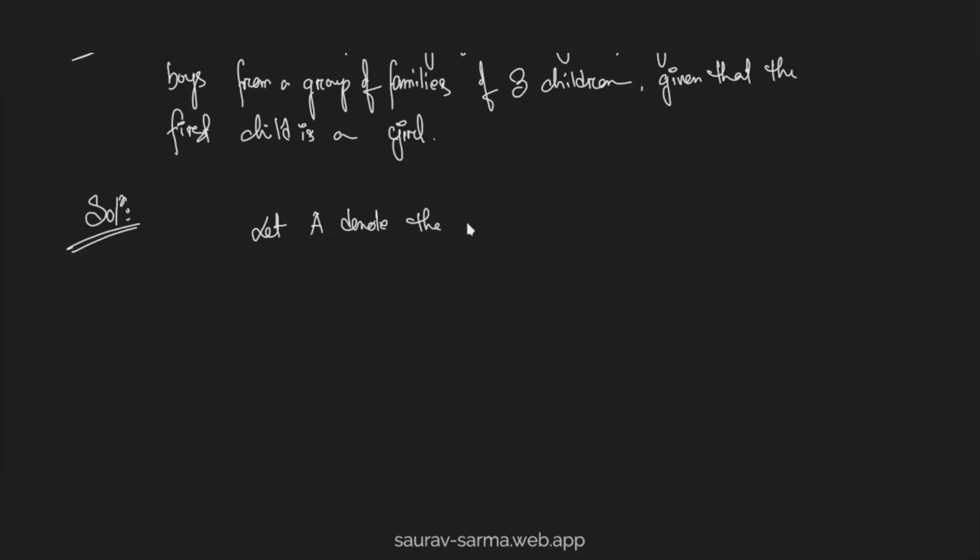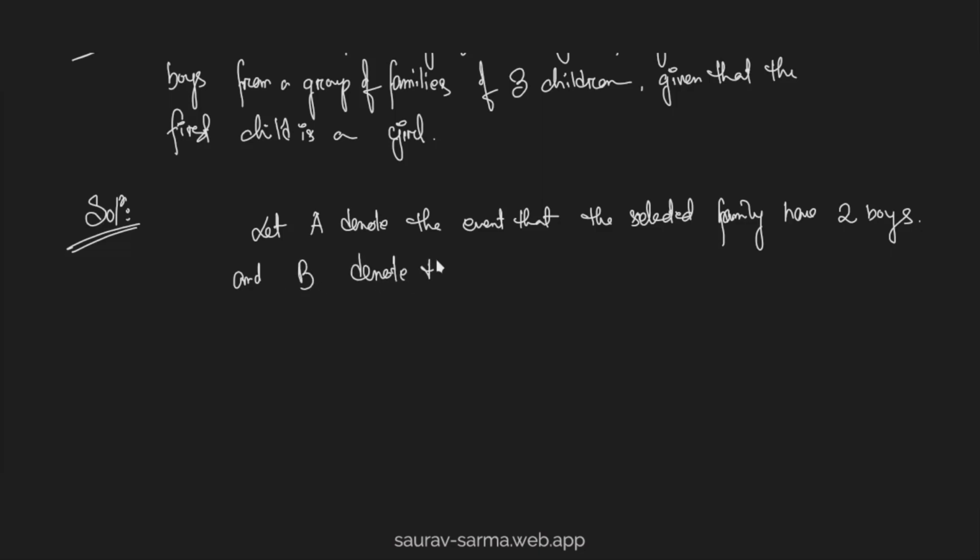Suppose let A denote the event that the selected family has 2 boys, and B denote that their first child is a girl.